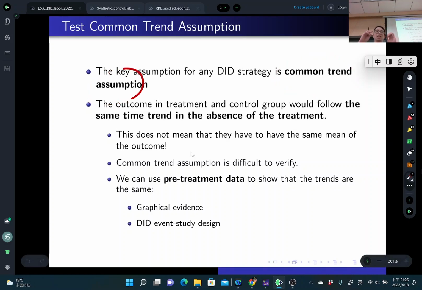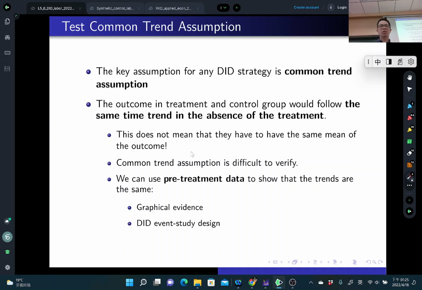That is, in absence of the treatment, the treatment group and control group's outcome trends need to be parallel, have very similar trend. Okay. And so you need to test whether this common trend assumption is satisfied or not. If it is satisfied, you can use difference design to estimate the causal effect. But if not, your result might have some problem.